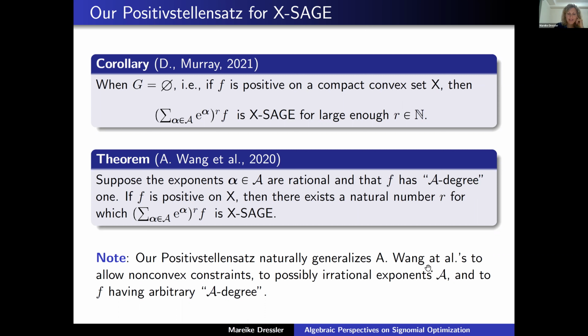And this may lead to a crucial reduction in the size of the relative entropy programs used when searching for these X-SAGE decompositions. So this is very important in terms of efficiency in the end.